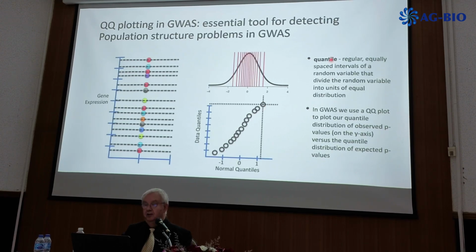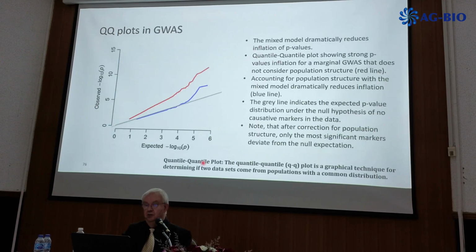So the QQ plot tells you how randomly your markers are distributed, and in GWAS you use it to plot the observed p-values on the y-axis versus the quantile distribution of the expected p-values. Comparing this later with the Manhattan plot makes it clear how QQ plotting is used in practice.